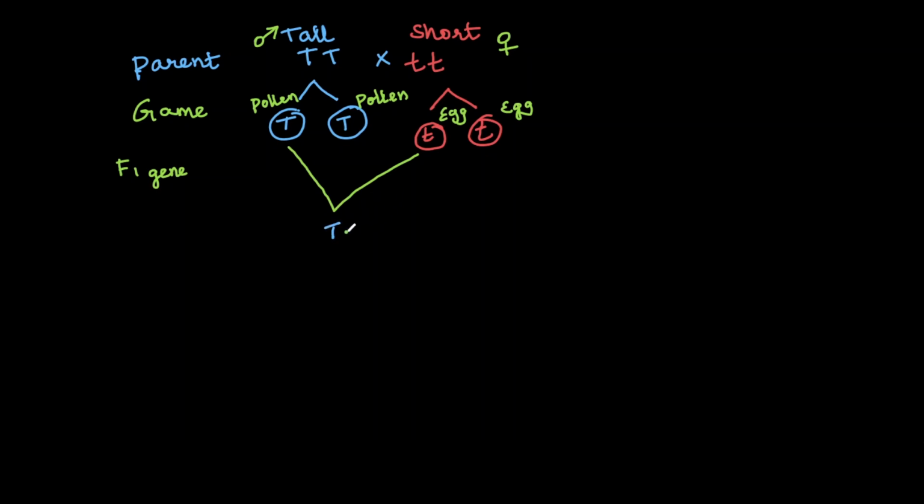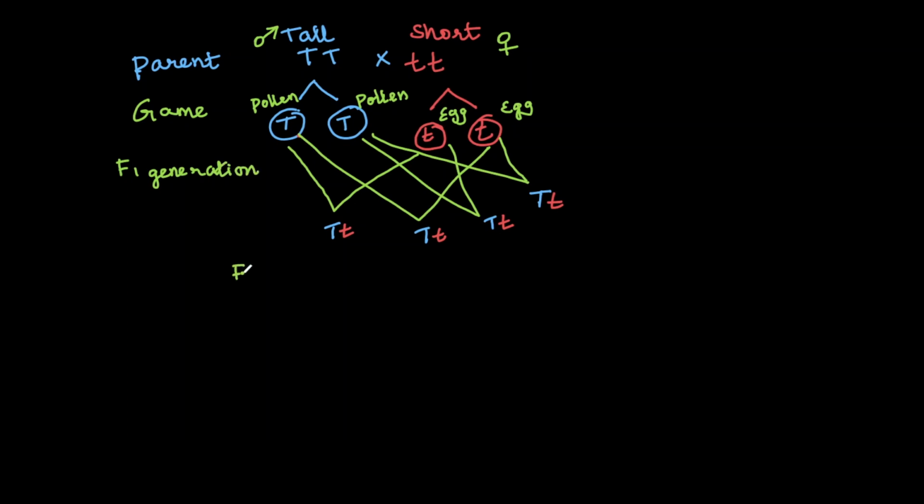Capital T joining with small t, and again the other capital T joining with small t, and so on. So in the F1 generation, all are tall.